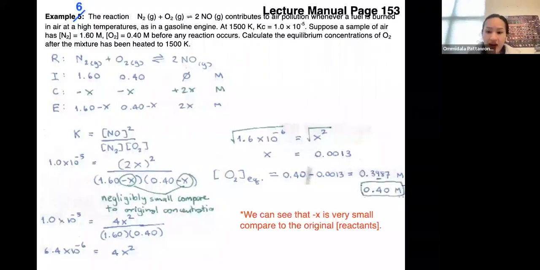You can see that the negative x is very small compared to the original concentration of oxygen. For significant figures, this is subtraction, so you go by the least number of decimal places. We have 2 decimal places here, so your answer would be 0.4. It's pretty much the same as the initial concentration of oxygen, because the change x is very small.